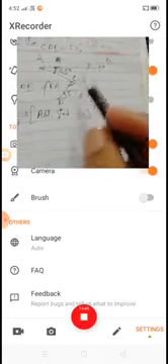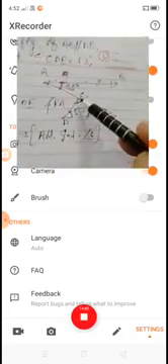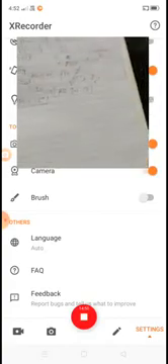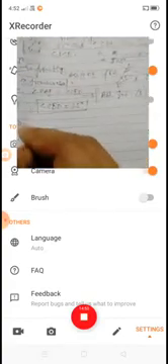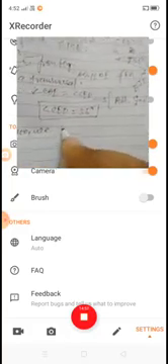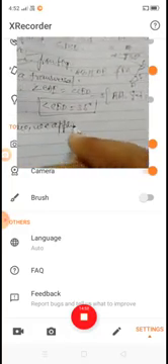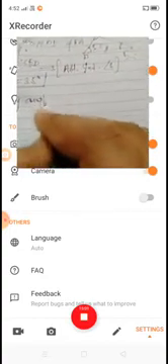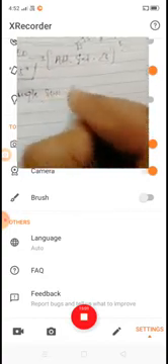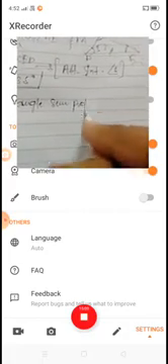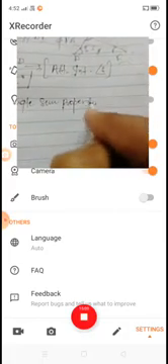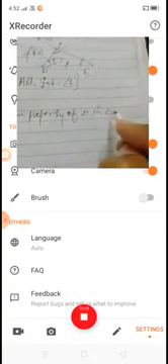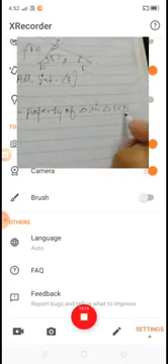Okay, now we apply the angle sum property of a triangle in triangle DCE.